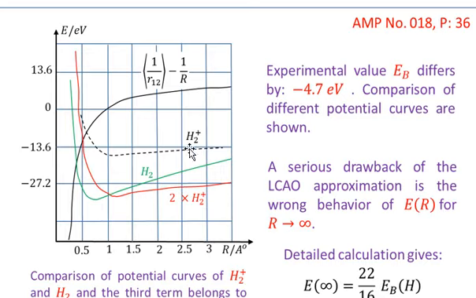Comparison of different potential curves are shown: the potential curve for the singly ionized hydrogen molecule, the potential curve for the hydrogen molecule, and the potential curve for twice the singly ionized hydrogen molecule. A serious drawback of the LCAO approximation is the wrong behavior of E(R) for R going to infinity.